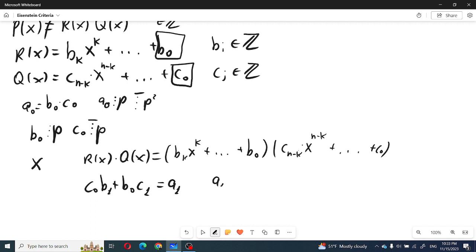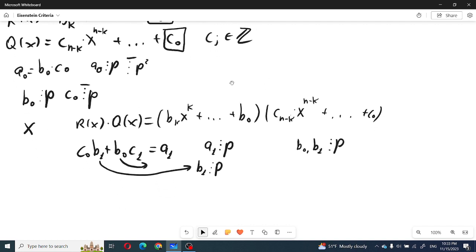Because we know that a_1 was divisible by p, and also b_0 is divisible by p, we can conclude that b_1 must also be divisible by p. b_1 is divisible by p because we know that c_0 is not a multiple of p. Now we know that b_0 and b_1 are multiples of p.